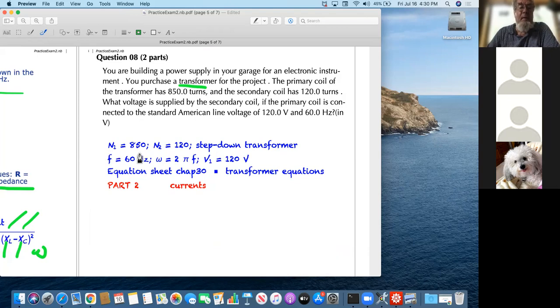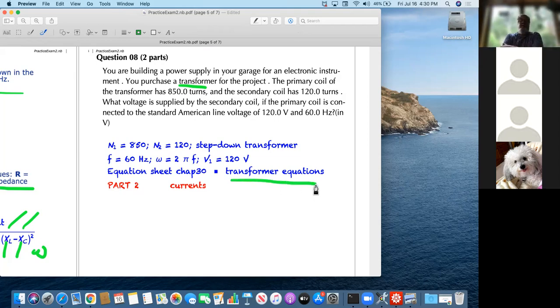That's F. Omega is 2 pi times the frequency. I'm not sure I'll need that, but the voltage for the primary side, so that's V1, is 120 volts. I guess that's the RMS voltage. Okay, so that's the information I have.